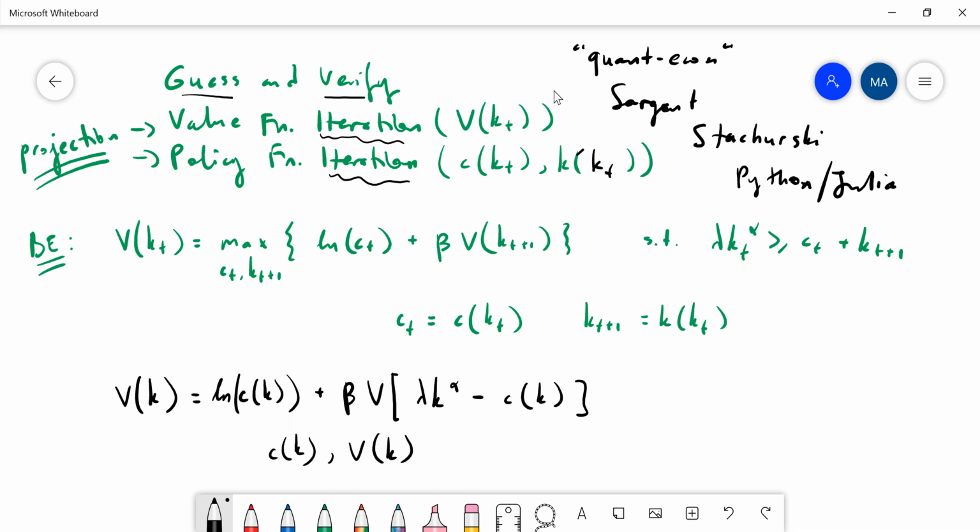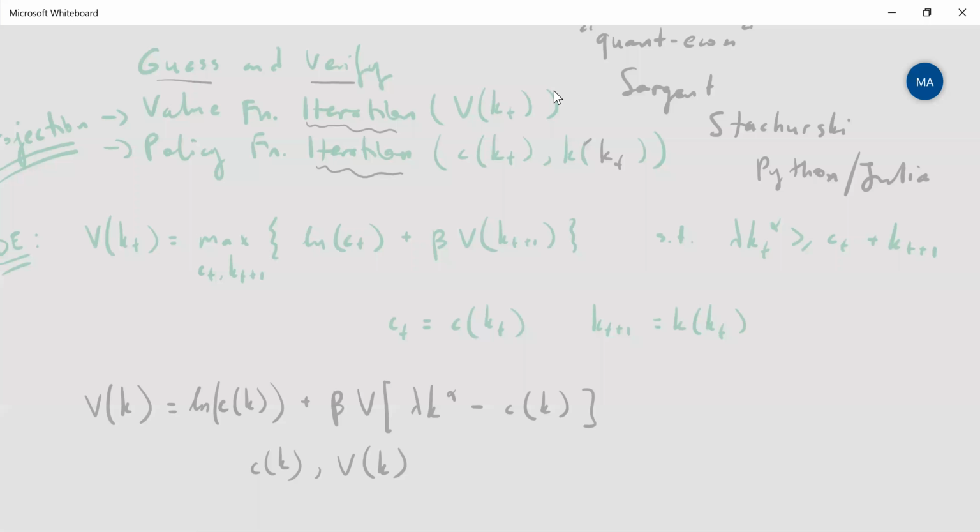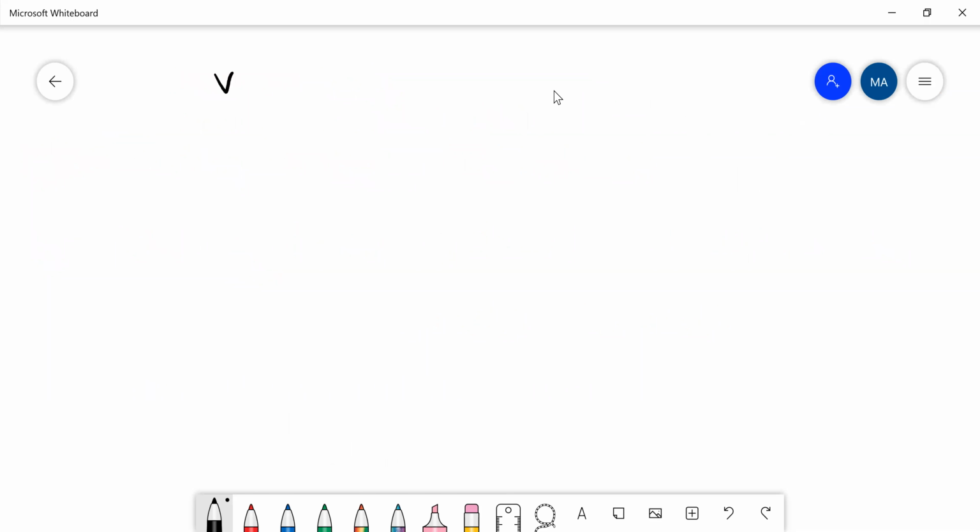It's totally free, so you can go there, read the lectures, and find things such as value function iteration and policy function iteration codes. Okay, so let's start with value function iteration.